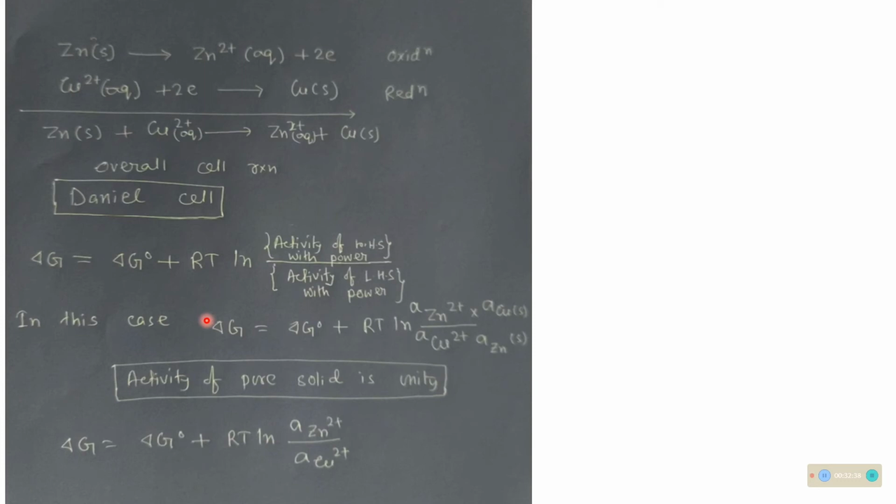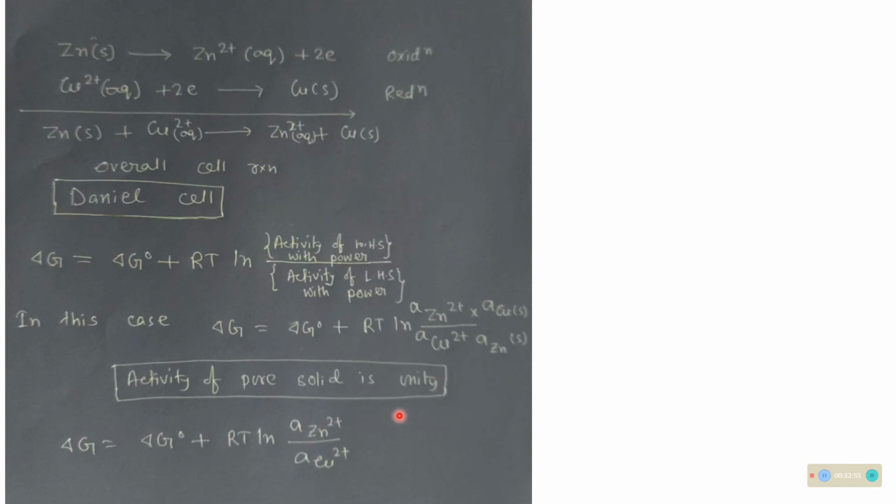We all know the activity of a pure solid is considered to be unity in this type of reaction. So now delG becomes delG0 plus RT ln Zn2+ by copper 2+.